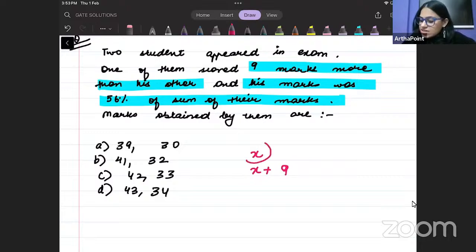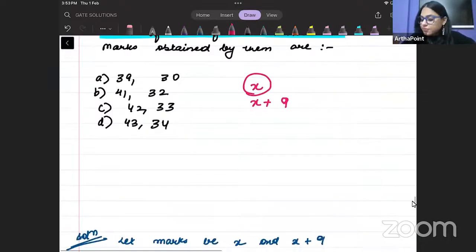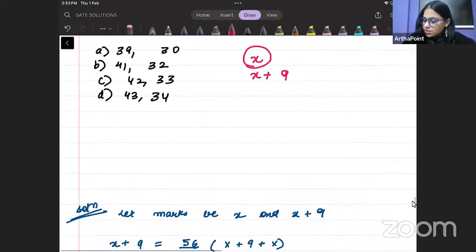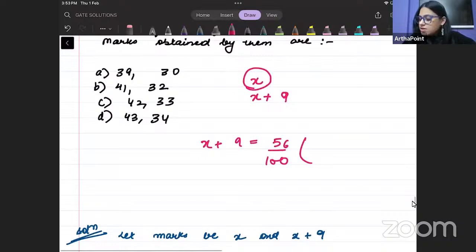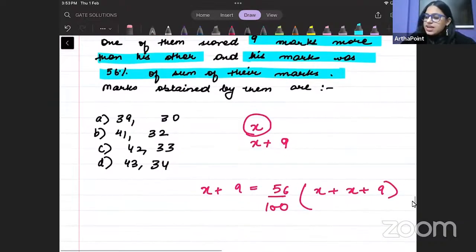His marks were 56% of the sum of their marks. So the marks of the second person are 56% of what, beta? Of the sum of their marks, X plus 9. Are you understanding it? I am saying that the first person has scored X. The second person has scored X plus 9.